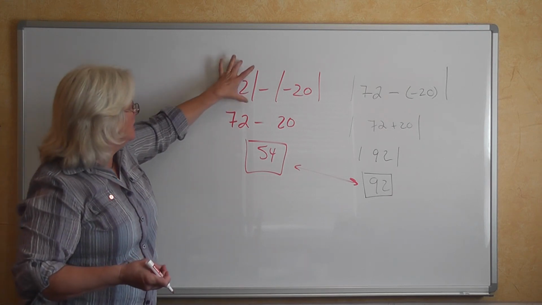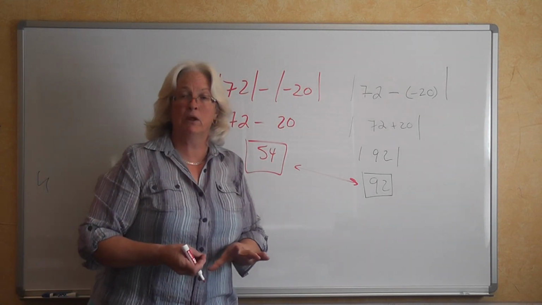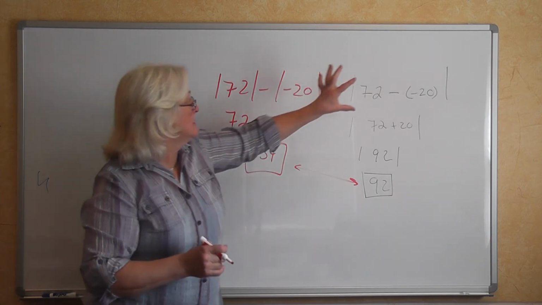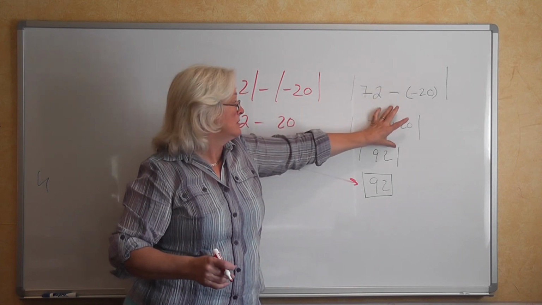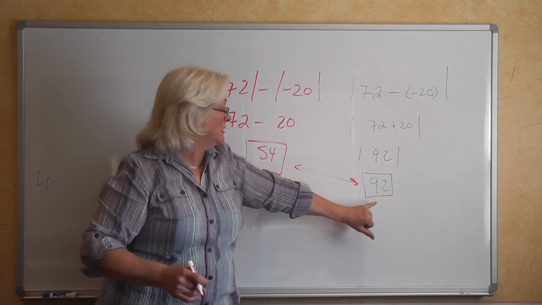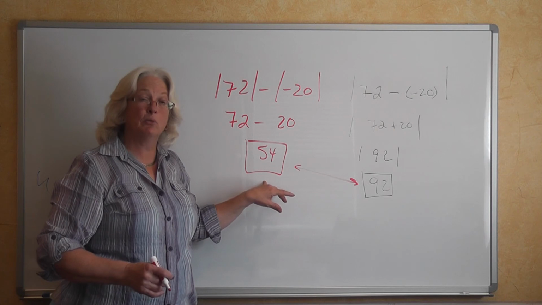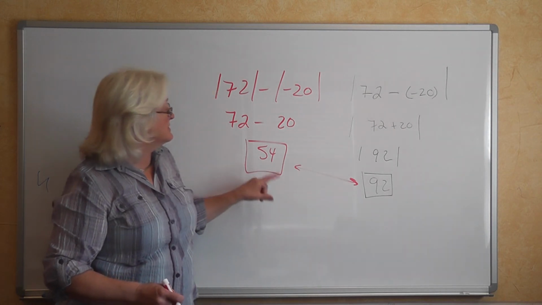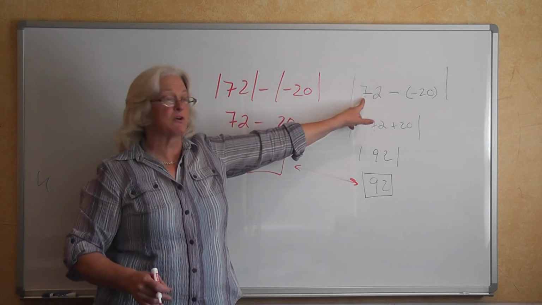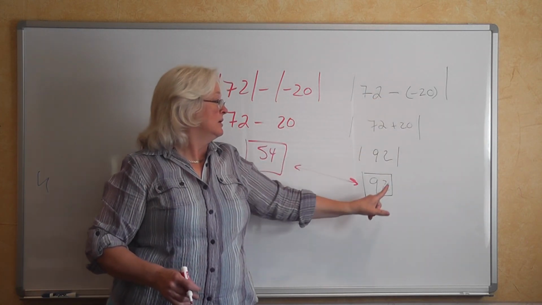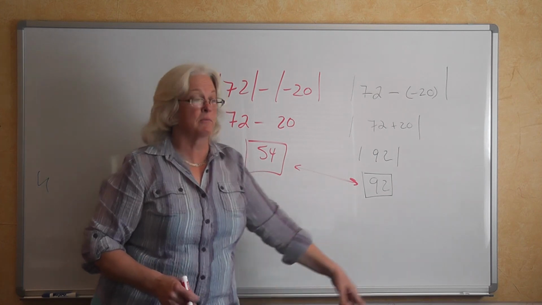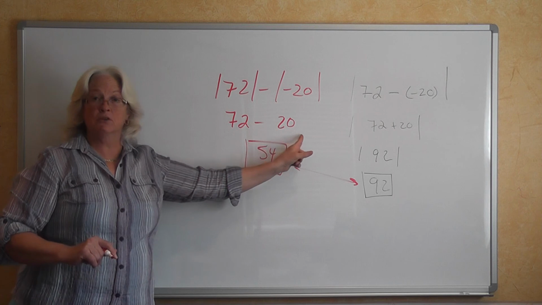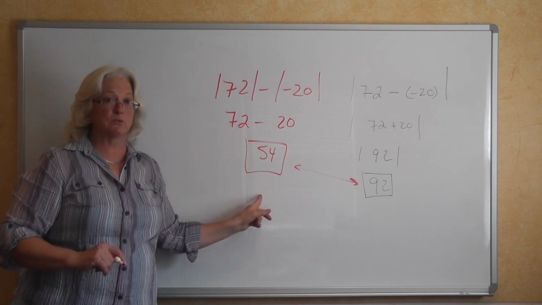The key thing that you need to remember here is to treat absolute value bars as parentheses. Follow your order of operations correctly, and then you'll make sure that you get the proper answer, because this says first do your subtraction and then take the absolute value. This problem over here says first find the absolute value and then do subtraction.